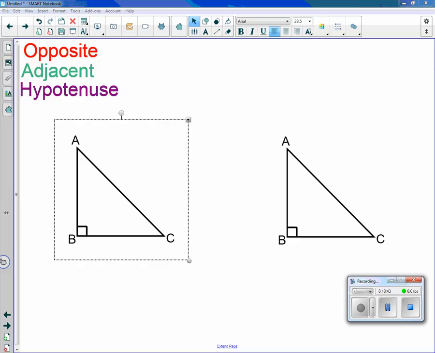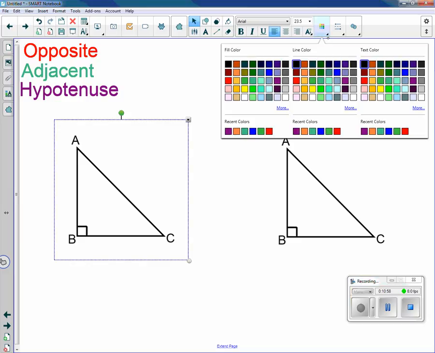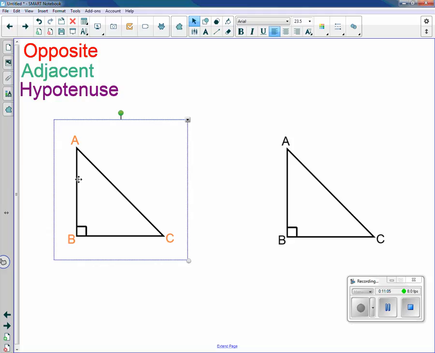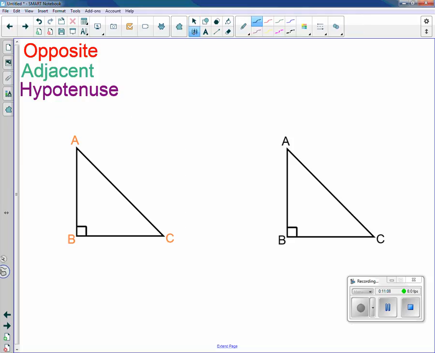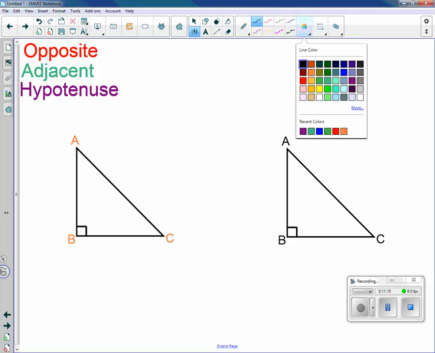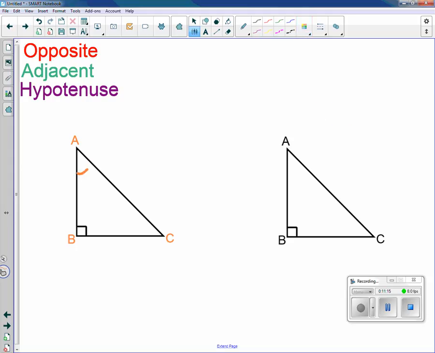Okay? So, I want you to take your colored pencil. We're going to do the first one in relationship to A. If you have a highlighter, you may use your highlighter, or you may use your colored pencil. So, in relationship to A, we are going to put our arc on A. So that is the angle I'm talking about.